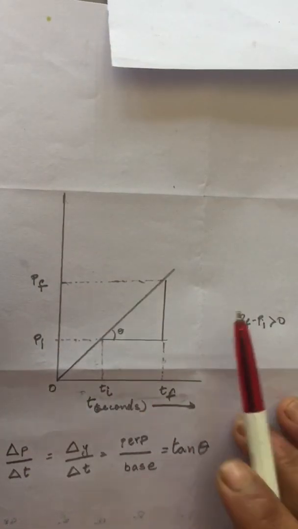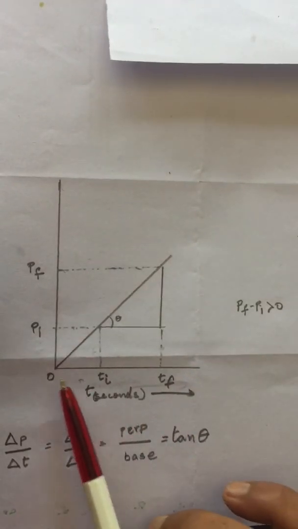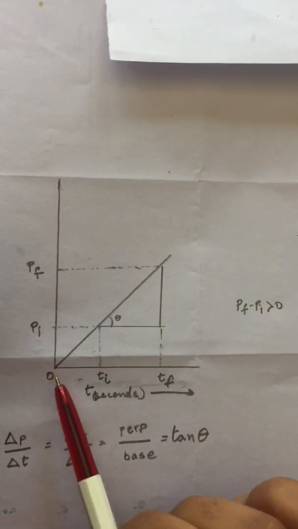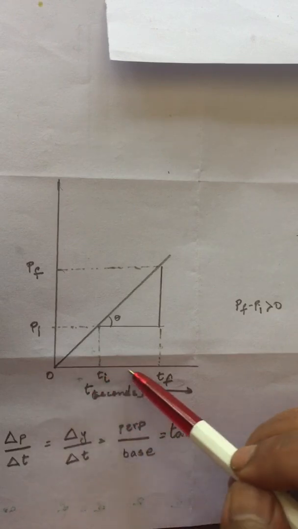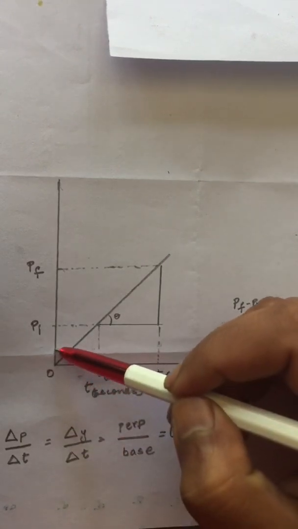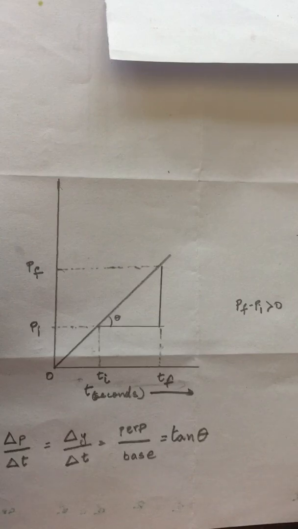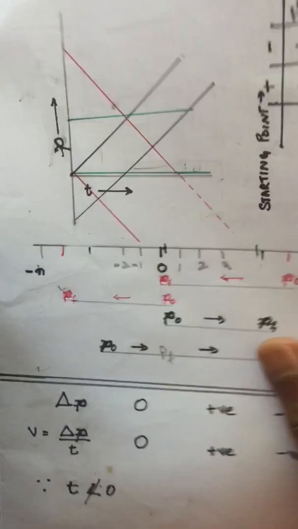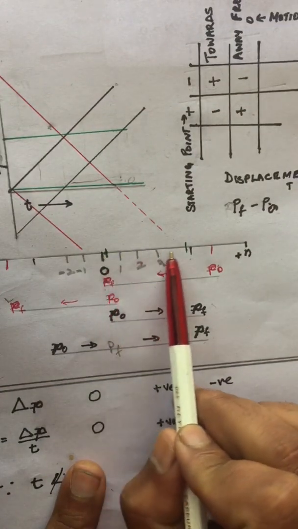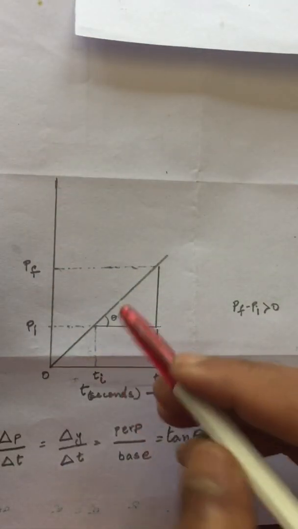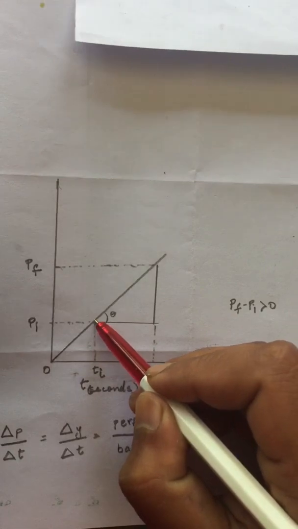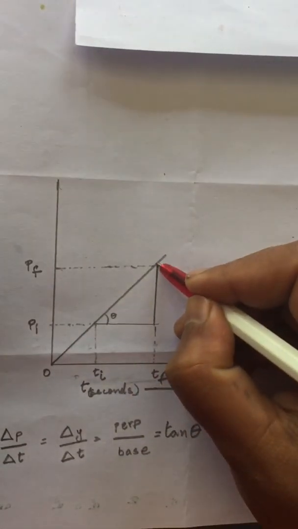Okay, let's take the case of this graph. We find an object. As time proceeds, the object seems to be moving in a positive direction. If you remember our previous video, as time proceeds, our object is moving in a positive direction. Let us try and see the velocity between these 2 points.